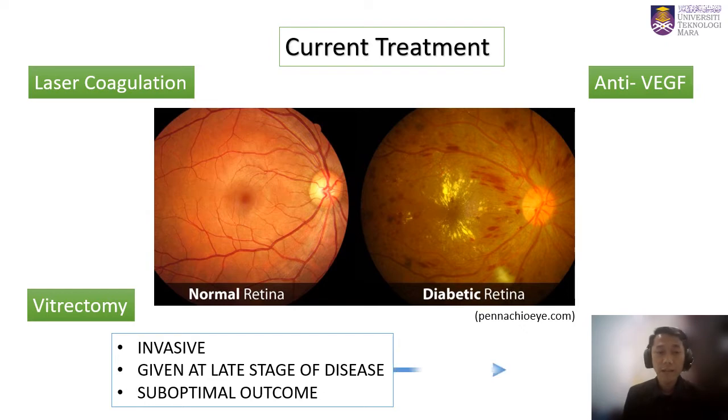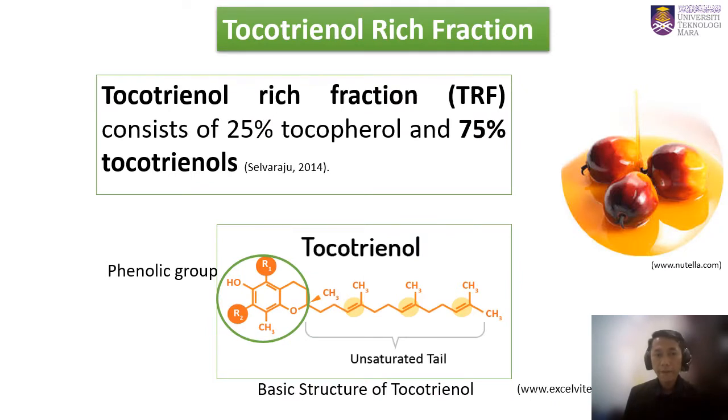In this study, we explore the possibility of using tocotrienol rich fraction, known as TRF. The TRF that we are using is an extract of palm oil which consists of 25% alpha tocopherol and 75% tocotrienol.